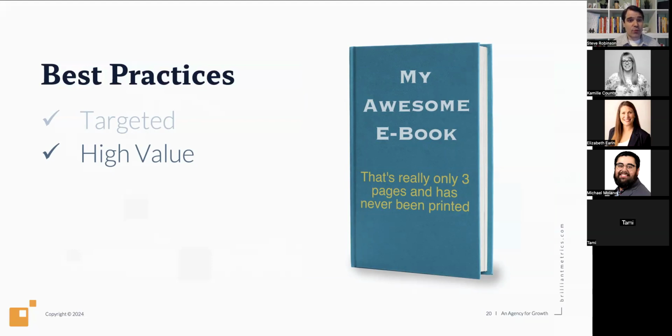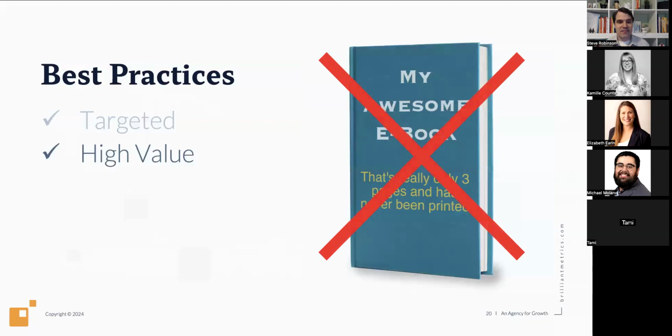In 2024, you cannot just go release an ebook. Your lead magnet has to be of a higher caliber, of a higher value. So we're talking tools, we're talking events, we're talking physical goods, we're talking lists that would take someone hours to compile on their own.